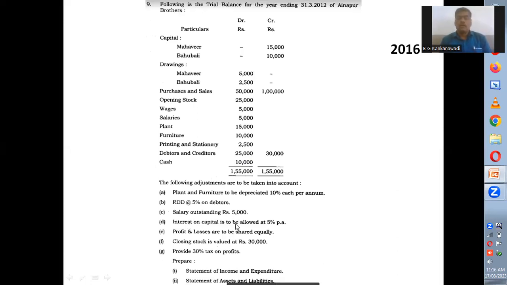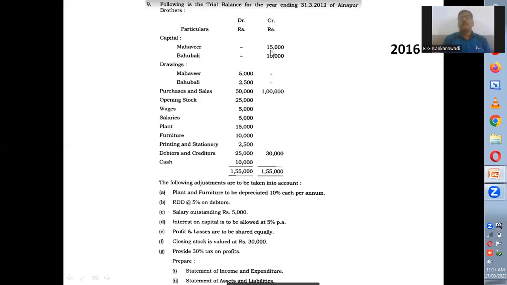Then interest on capital is to be allowed at 5% per annum. We calculate interest on capital 5% on the capital. Mahavir's capital 15,000, 5% of that is 750. Bahubali's capital is 10,000, and 5% of 10,000 is 500.